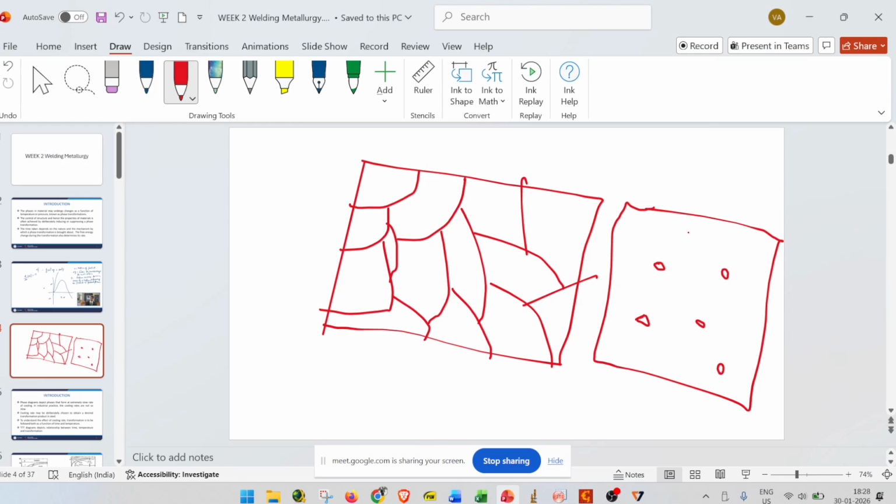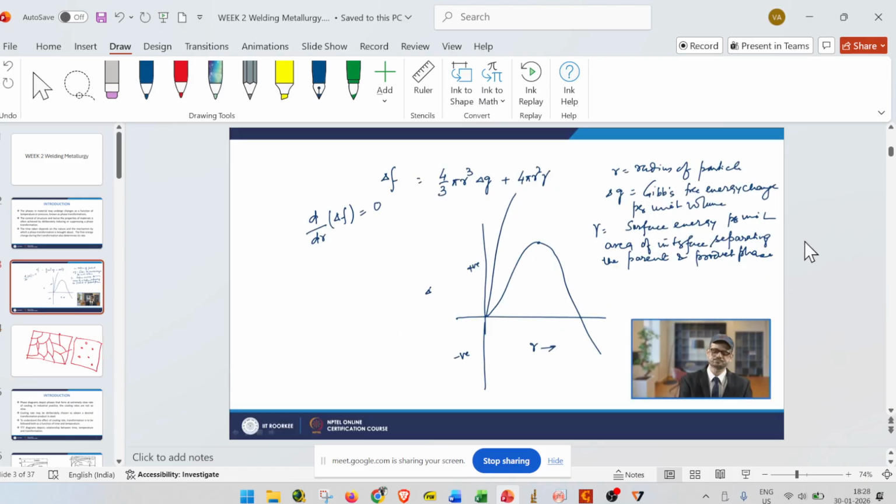Once the nucleation has begun, for nucleation also a certain radius of the nucleus should be present, otherwise you see here is the radius and here is the Gibbs free energy.